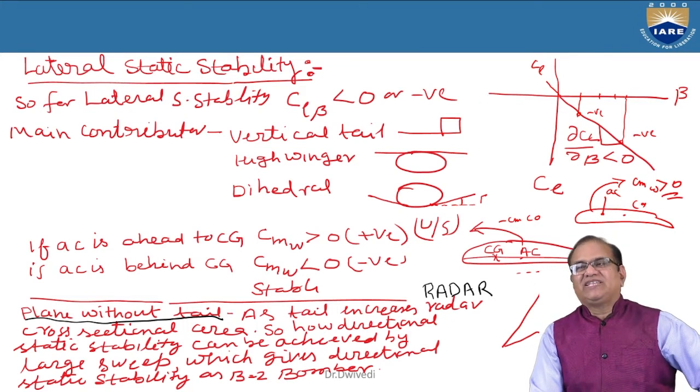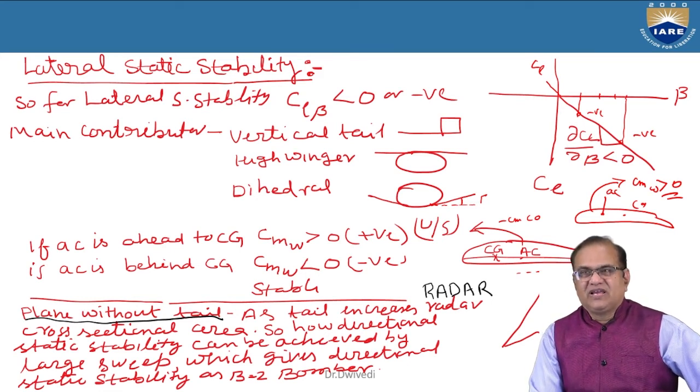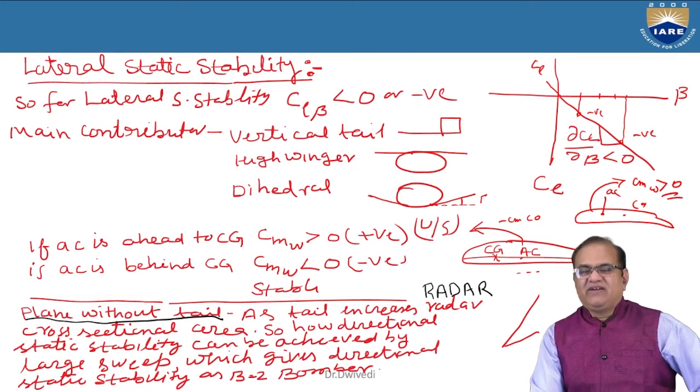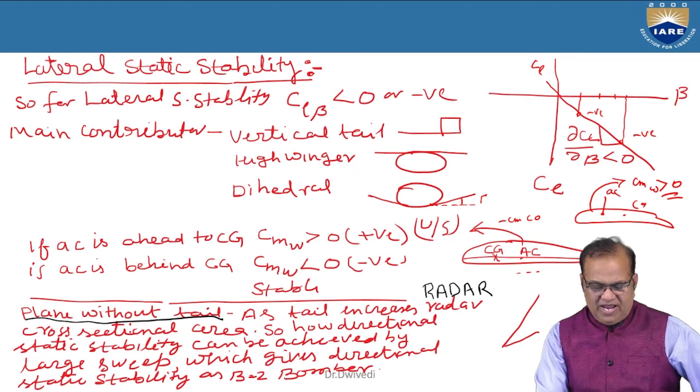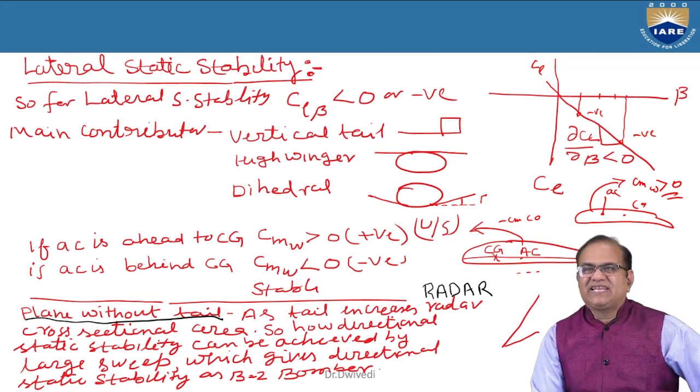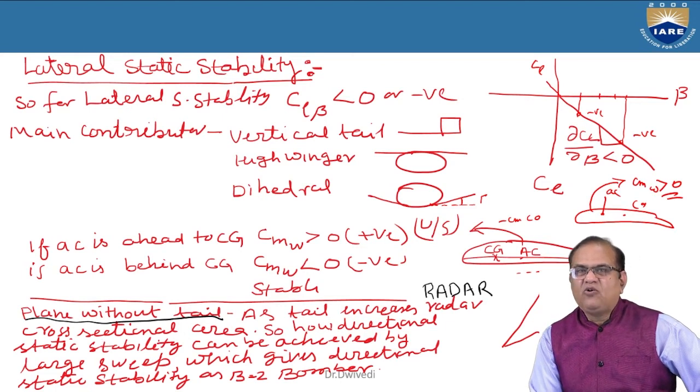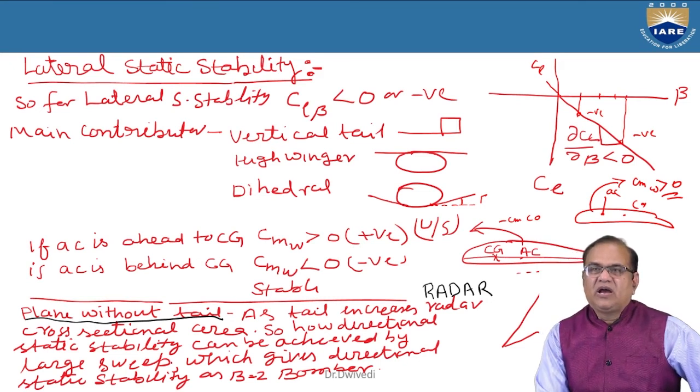Sometimes we don't want the aircraft to have the vertical fin. The vertical fin is not good for a fighter aircraft, because the enemy will be able to detect the aircraft by radar. So, a plane without a tail, as the tail increases the radar cross section. So how can directional stability be achieved by the aircraft?